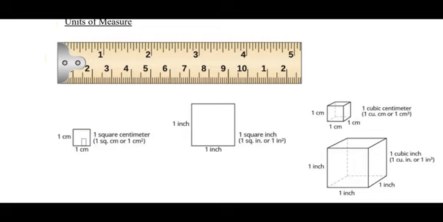If our square has sides of 1 inch, we would say that the area included within our square is 1 square inch.